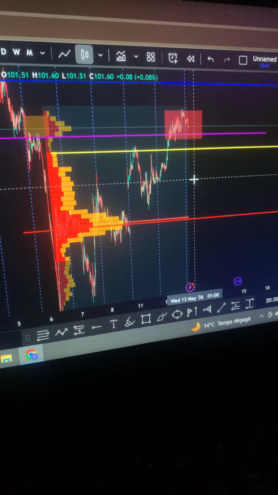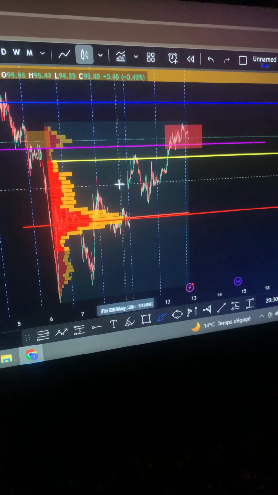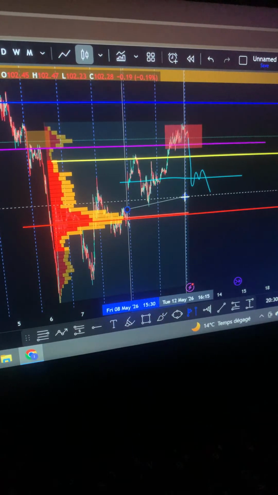So my thinking now is if we dig into that accumulation, here I'm seeing a high volume node that will take me lower, which I think is that one.